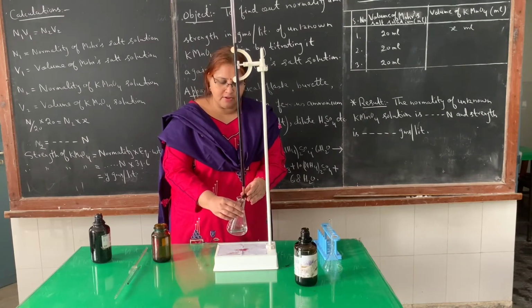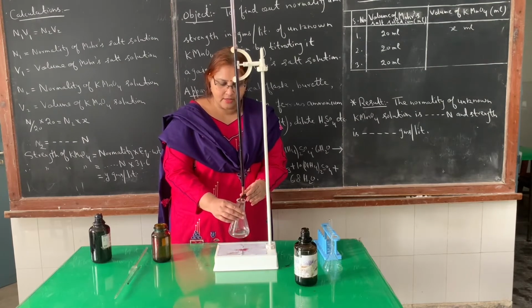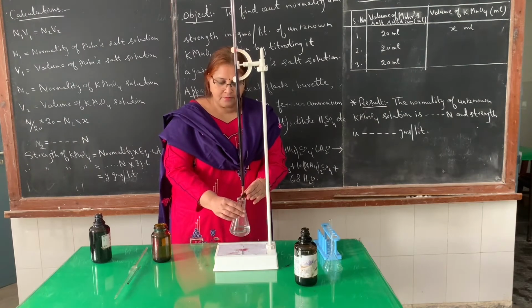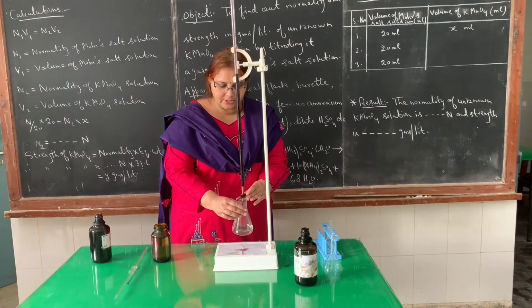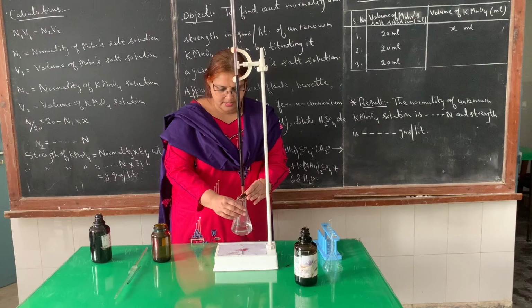Slowly and slowly we will perform this experiment. At the end point, the solution becomes light pink. Whenever the KMnO4 is added, it turns pink and later disappears. The pink color will be retained in this solution once the complete redox titration has taken place.